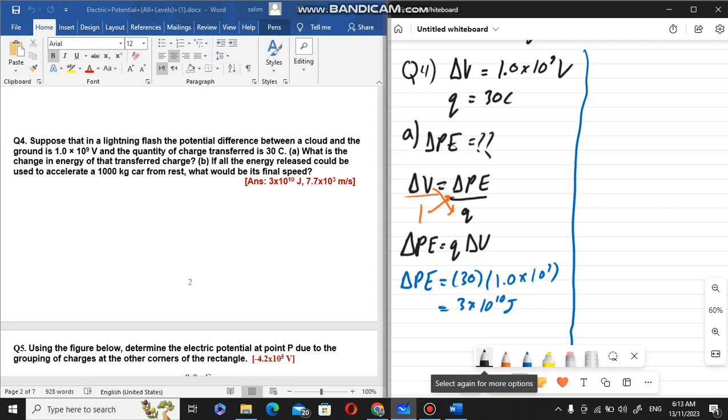For part B, they're saying the following. If all the energy released could be used to accelerate a 1,000 kilogram car from rest, what would be its final speed? So they're saying that you release all of this potential energy. Remember that potential energy is the energy stored in the object. So if you release all of it, it means that you're changing all of it to kinetic energy.